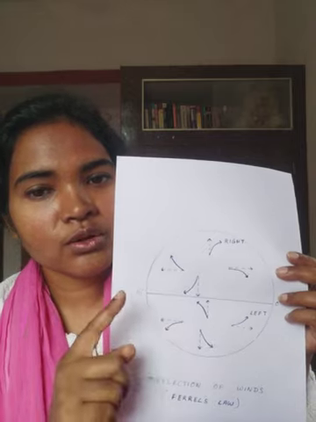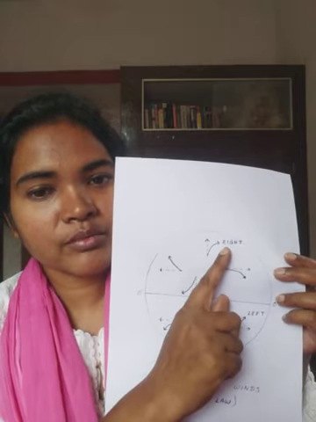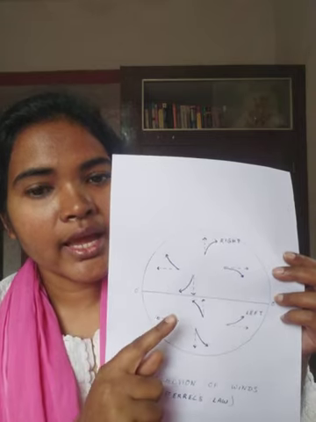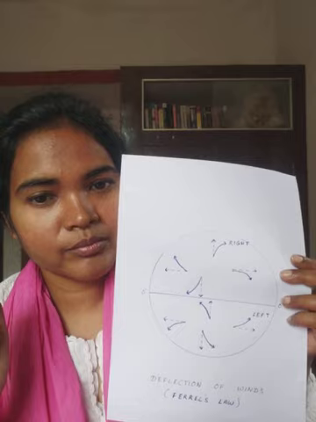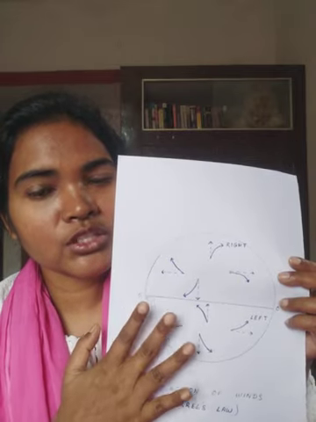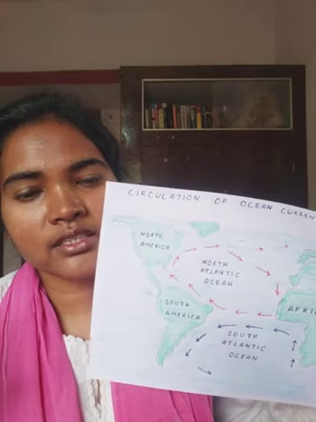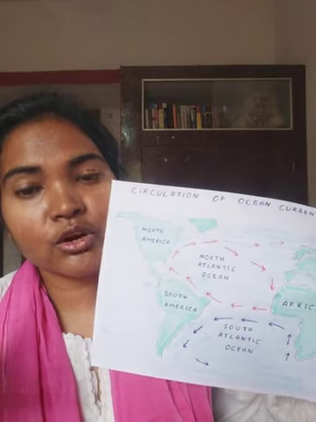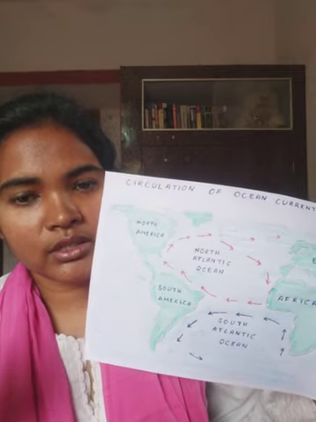Now, Ferrel's law says that winds deflect to their right in the northern hemisphere and to their left in southern hemisphere. This is because of the rotation of the earth. Same is applicable to the ocean currents. Ocean currents are masses of water that are periodic in nature, that follow a definite path.